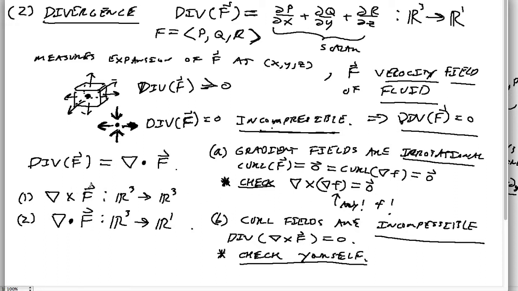All right, so now let's go over some examples to illustrate what's going on here. Let's talk about example 1, which is going to be a constant field. I'm going to give you a particular example: f is equal to 3, 2, 1.